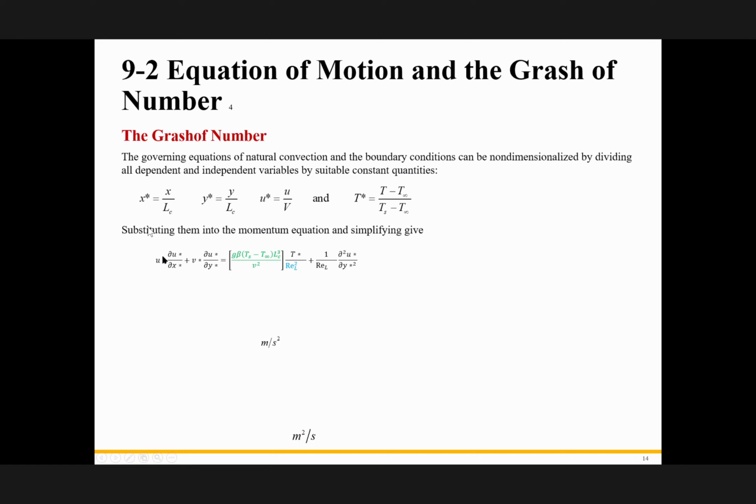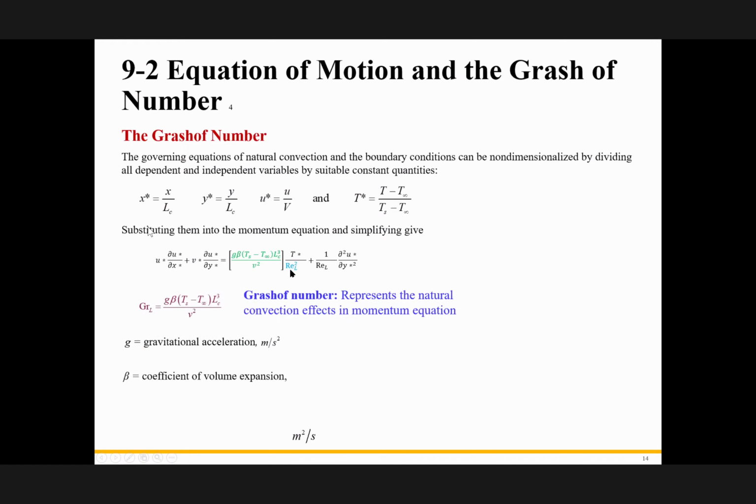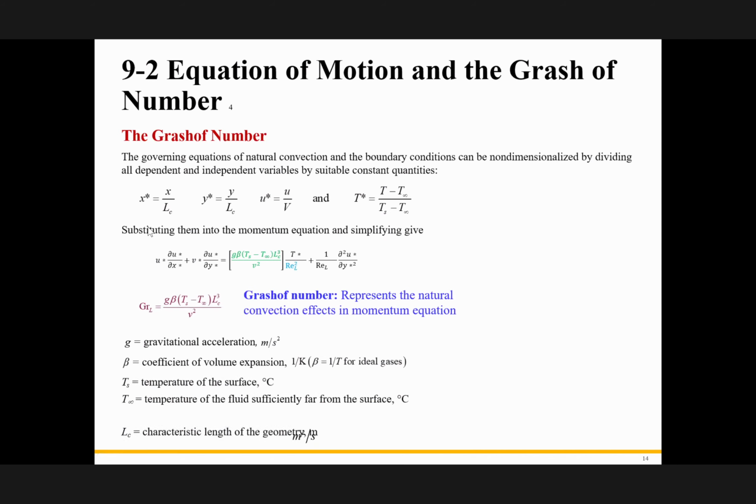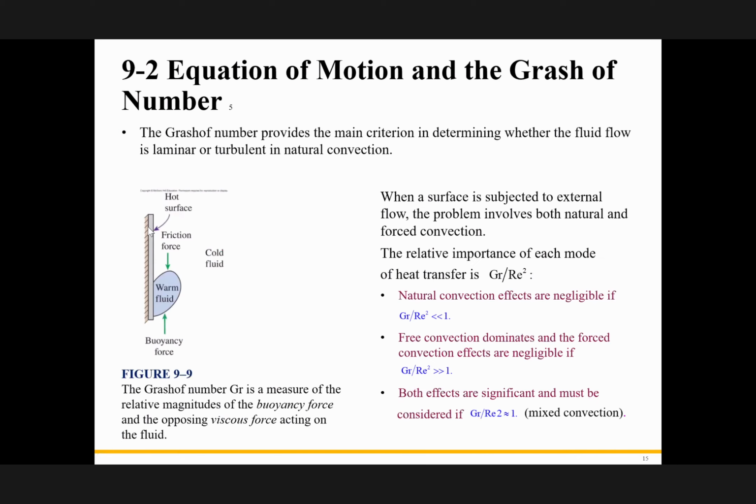Therefore, mention this to your energy transfer problem that you have here. There are two parameters affecting it, the Reynolds number and also the Grashof number. Therefore, this becomes the Grashof number divided by the Reynolds number squared. This is what we discussed in the last lecture, and we mentioned this is the relative importance of each one.